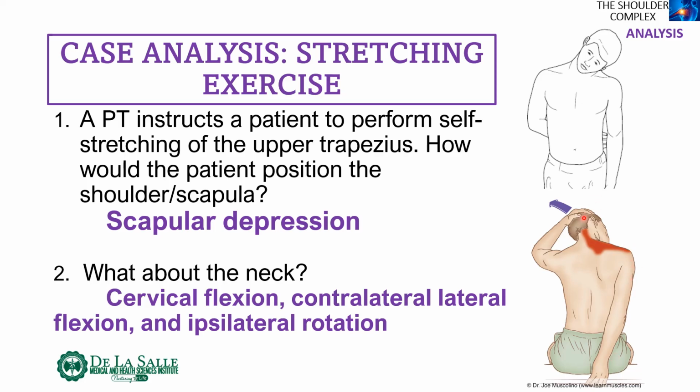Next is a combination of cervical flexion, contralateral lateral flexion, that is lateral flexion to the opposite side, so towards the left to stretch the right upper traps, and ipsilateral rotation or rotation to the same side you are stretching, so that's right rotation or rotation to the right. The combination of these movements will now stretch your upper trapezius muscle.